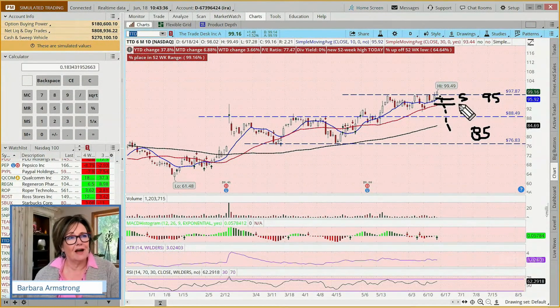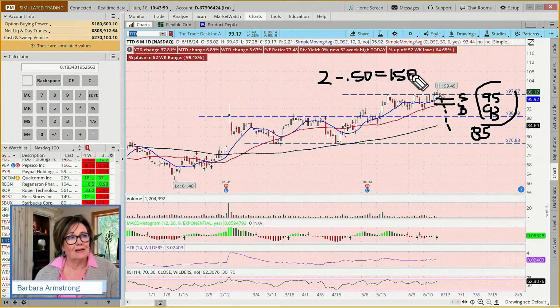Well, we have the right, because we've bought a put, to sell it at 93. So if this goes against us and it's put to us, we can just turn around and sell it for 93. Now we've got our max loss. That's $2 a share. And let's say we got paid 50 cents to get in. So we'd be down that $150. But at least we've defined our risk.